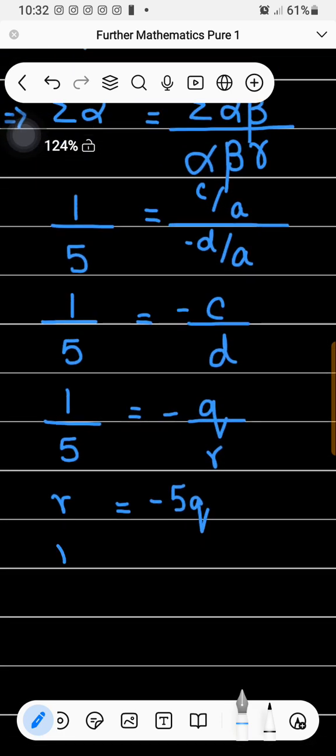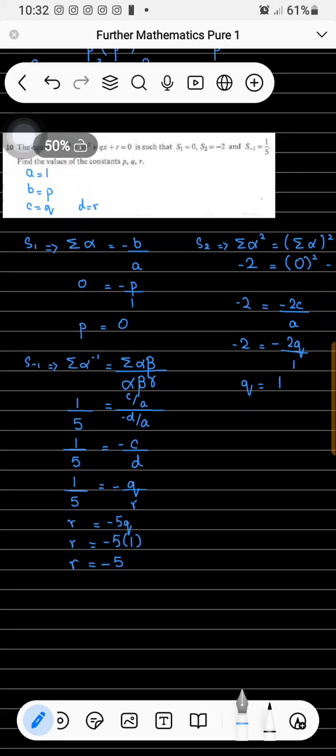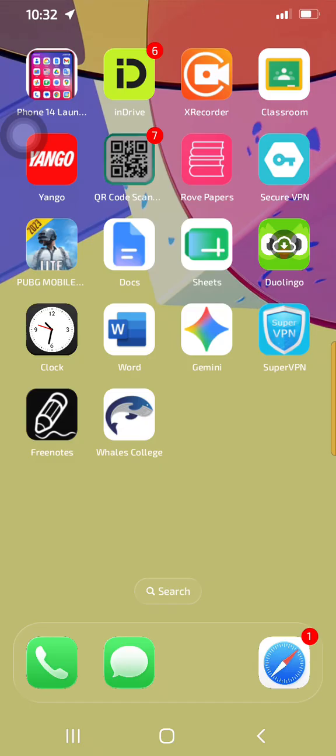So q is 1, equal to minus 5 by 1, which becomes minus 5. R equal to minus 5. Let me confirm because I'm not sure about this answer.